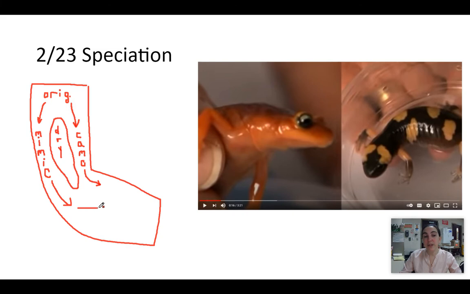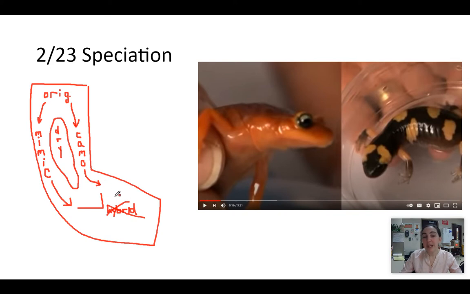As they said in the video, these two are able to interbreed, and they produce hybrids, but the hybrids aren't very fit anywhere. They're not good camouflage in the forest. They're not good mimics. So these hybrids don't really survive, which means the genes of these two groups aren't mixing together very much, because when they do, those offspring don't survive very well.